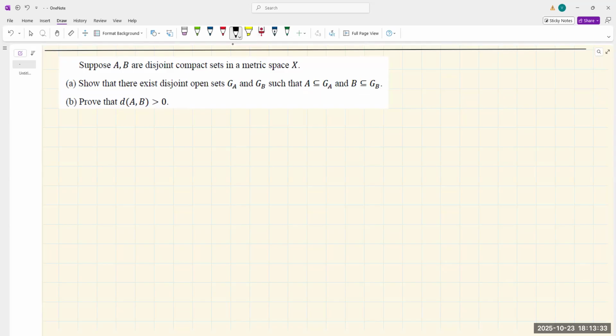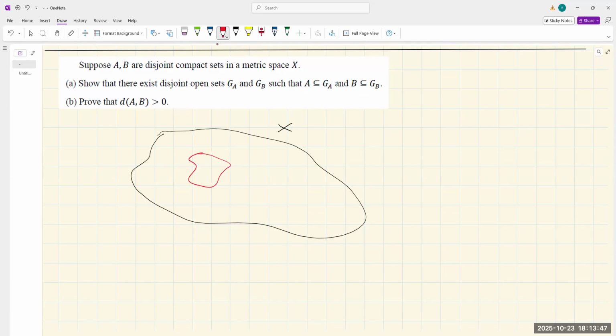Okay, let's see if we can draw a picture. So here's X, and I have two disjoint compact sets. Compact is closed and bounded, but the converse may not be true. So here is A, and here is B. These are disjoint compact sets.